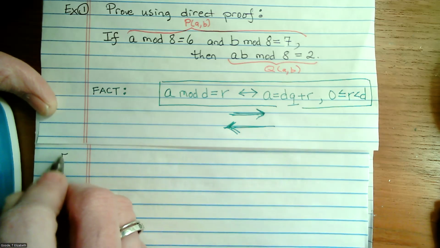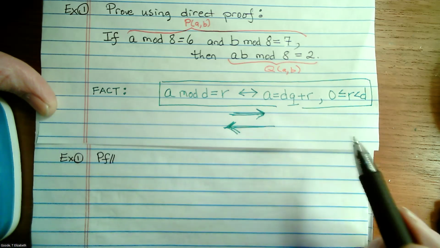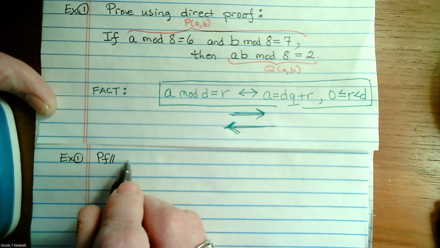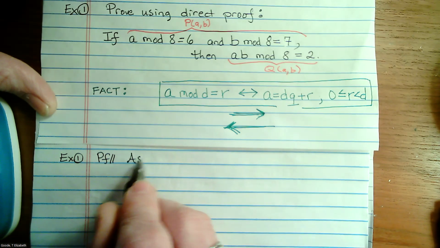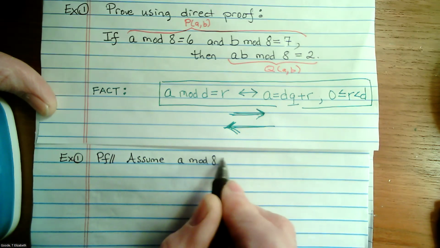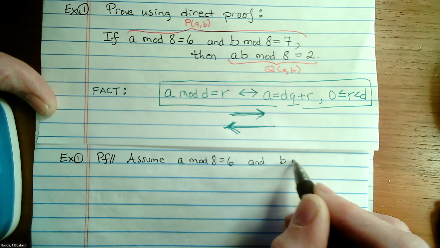So in example 1, if we want to do a proof, what should we assume? Assume A mod 8 equals 6 and B mod 8 equals 7.